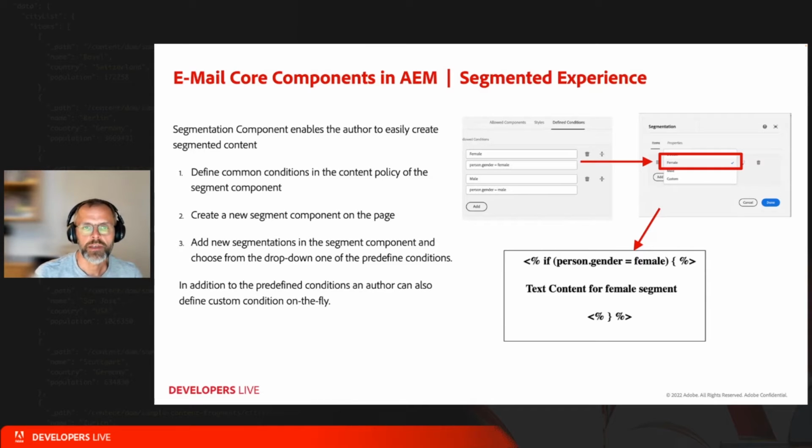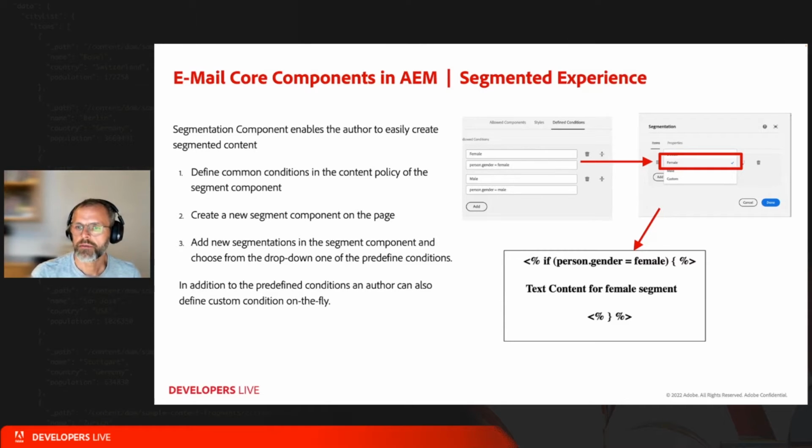As you see here in the screenshot on the right, we have an example with two predefined conditions, one for female and one for male, and this is inside of your content policy. In the next screenshot, you see that these predefined conditions can then be selected by the author when creating these segmentation items.